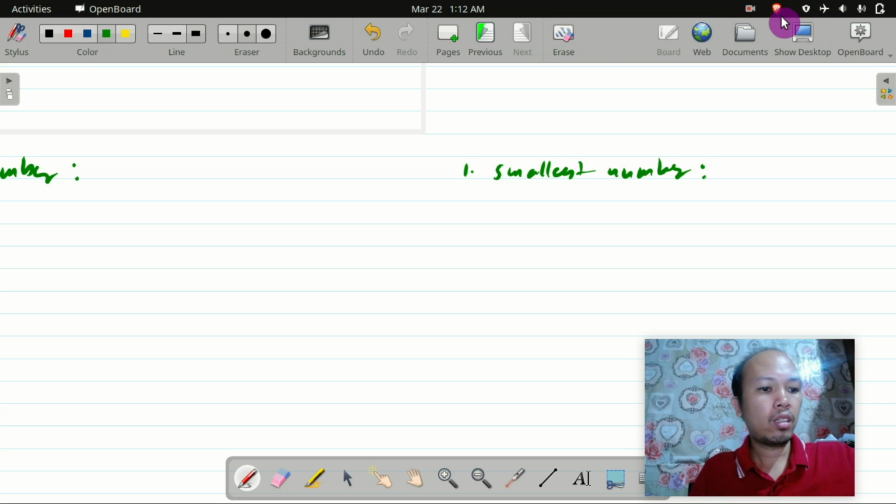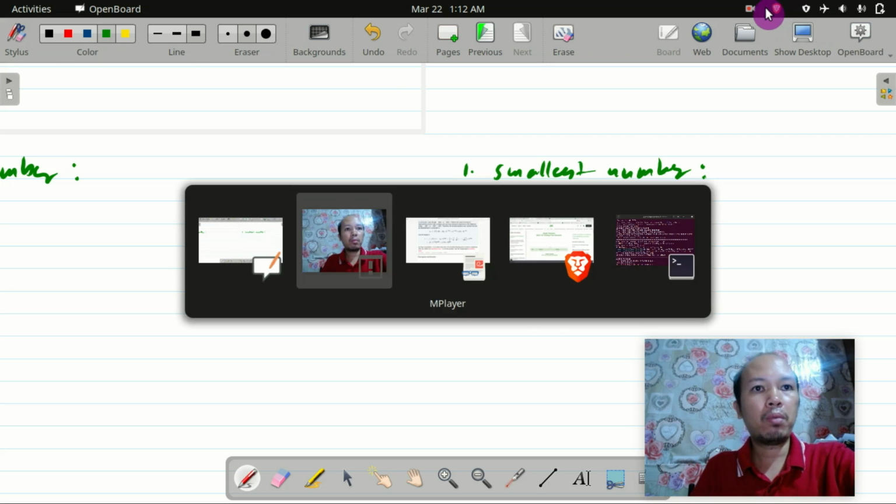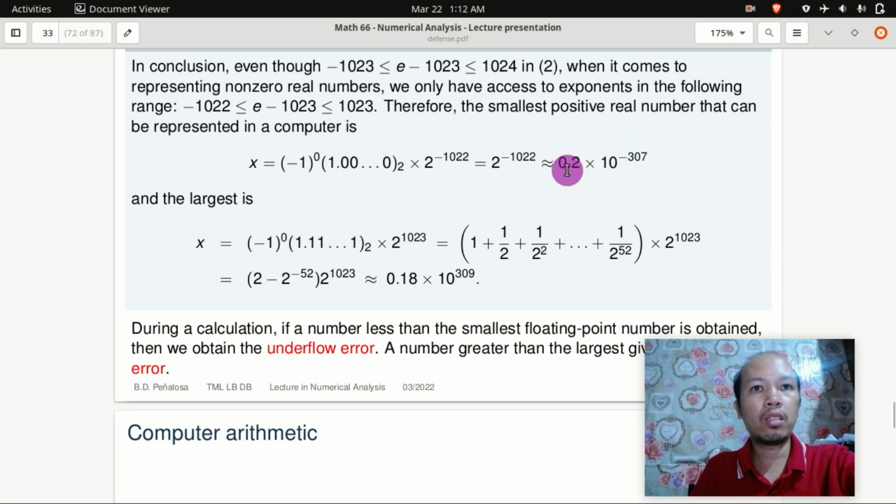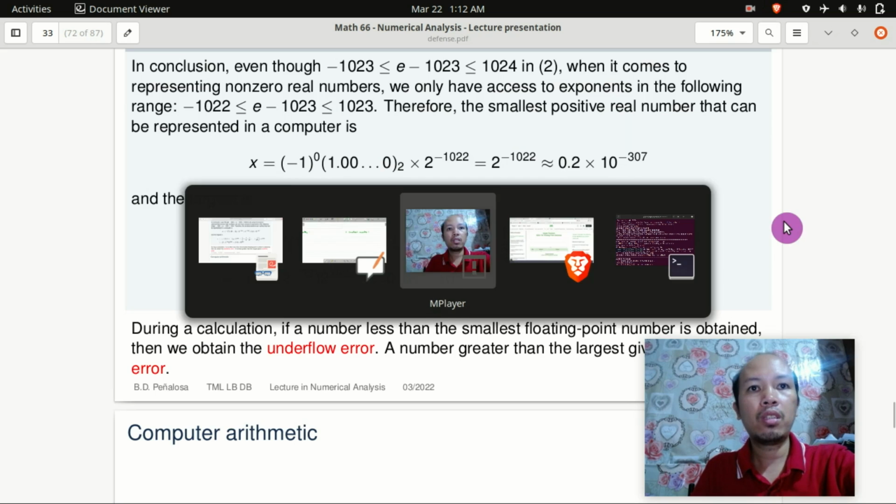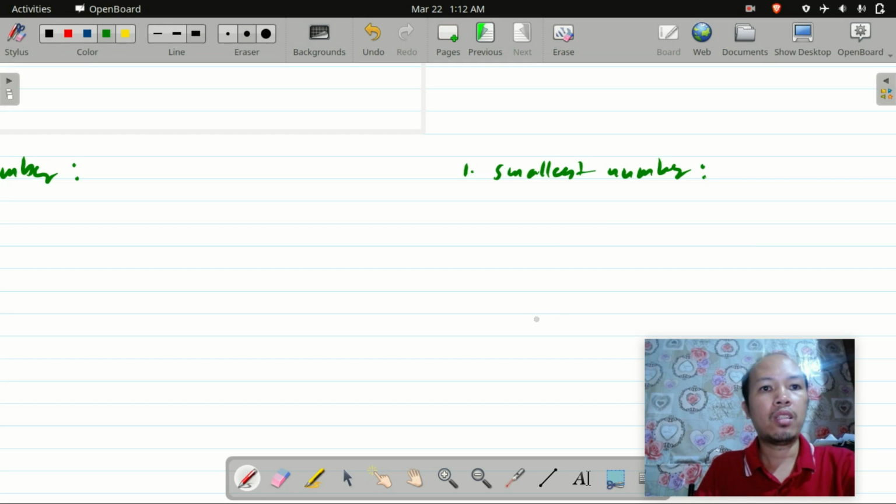Let's open this one. This is the smallest number in double precision, and we know the computation already.